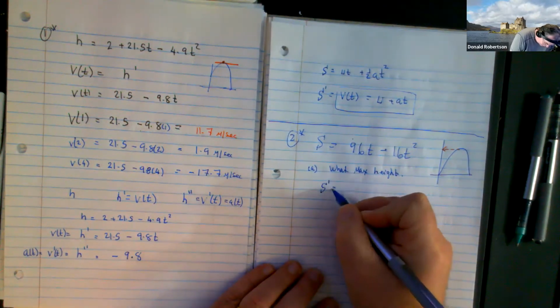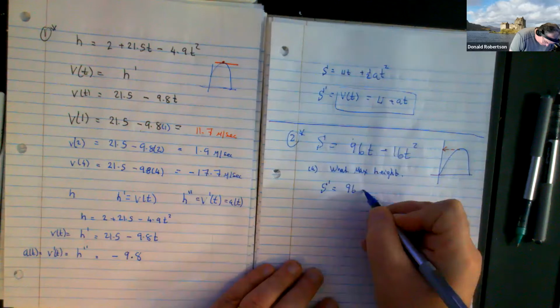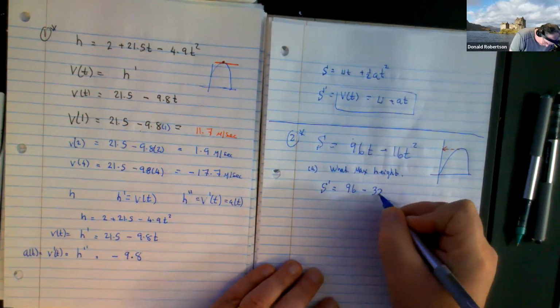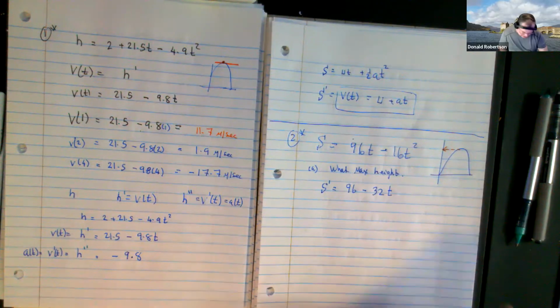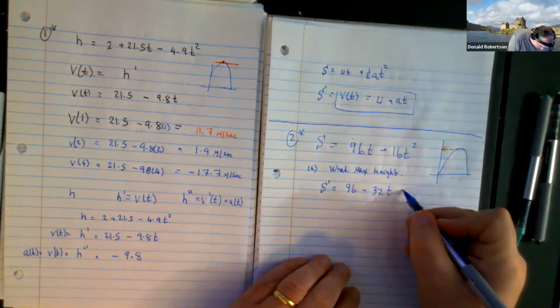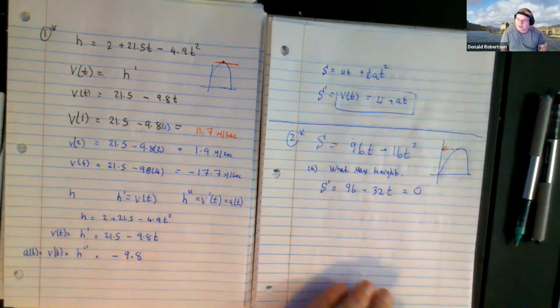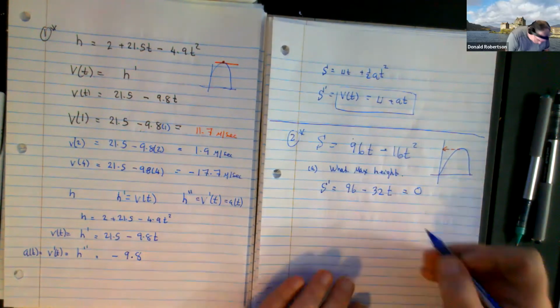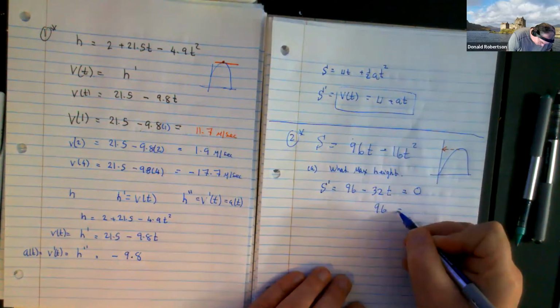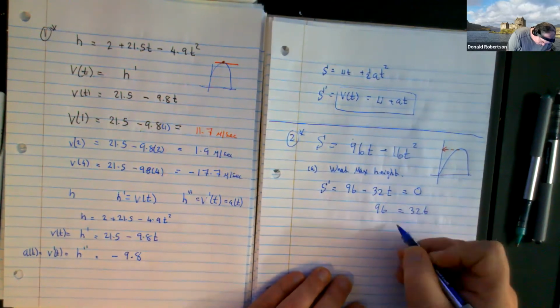If you differentiate this function, you get 96 take away 32t. So far, so good. Now, at the maximum height, isn't the derivative going to be 0? We talked about that before.